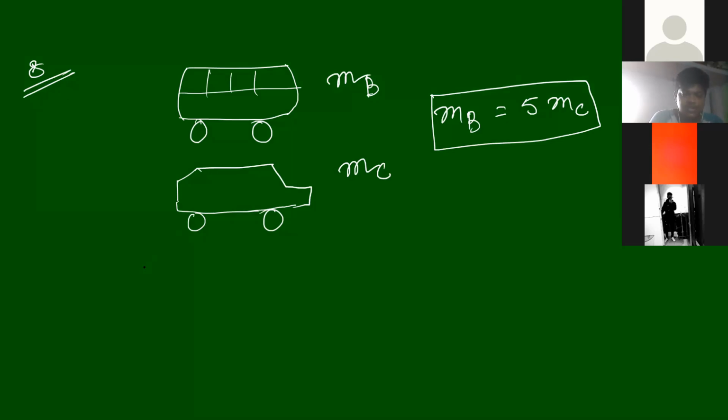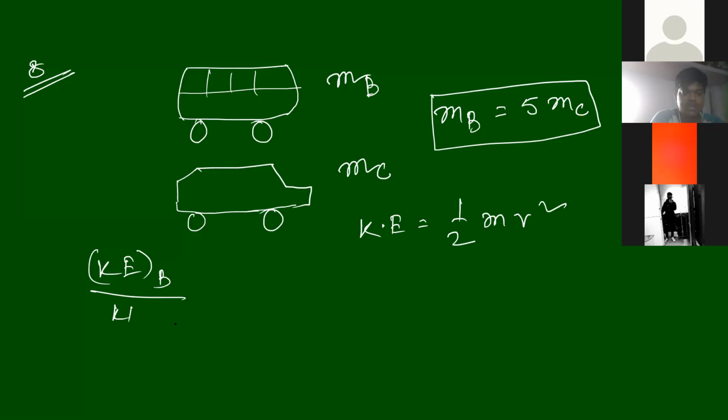So the expression for kinetic energy is expressed as K.E. It is equal to half mv square, right? So we'll write down one thing: the kinetic energy of the bus divided by the kinetic energy of the car.